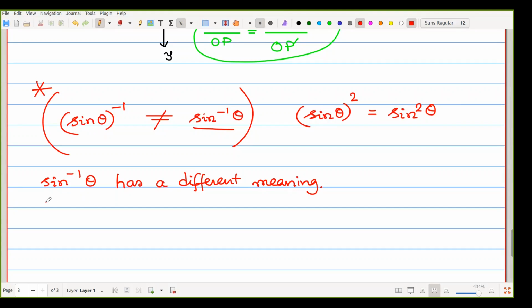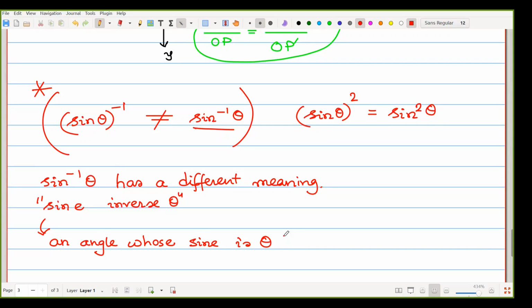That is called sine inverse theta. Already I have said, that means an angle whose sine is theta. It means an angle whose sine is theta.